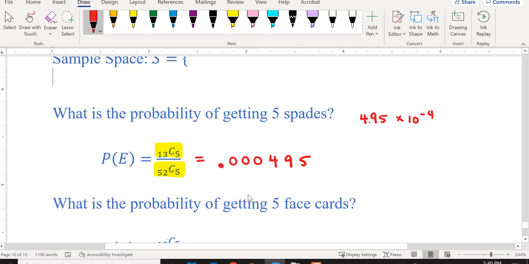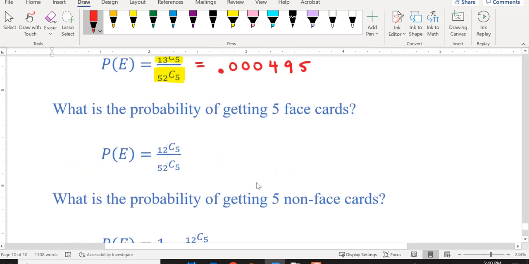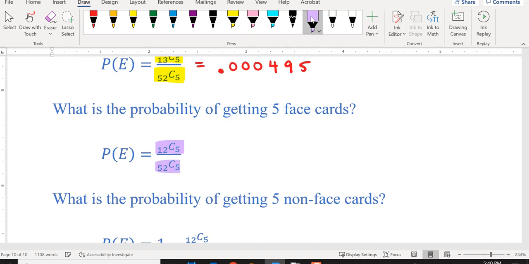What's the probability of getting 5 face cards? Okay, how many different ways can we get 5 face cards? There are 12 face cards. Remember, Jack, King, Queen of all 4 suits? So there are 12 face cards. You want to pick 5. And the total number of ways of picking 5 cards from a standard deck is 52, pick 5.